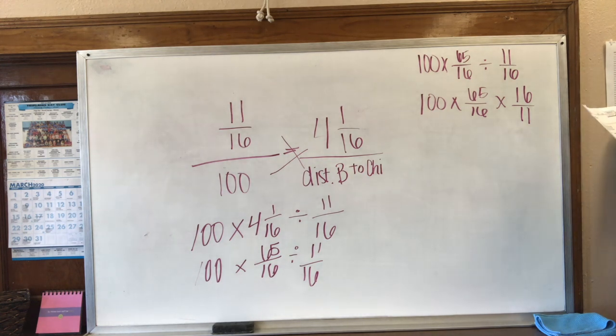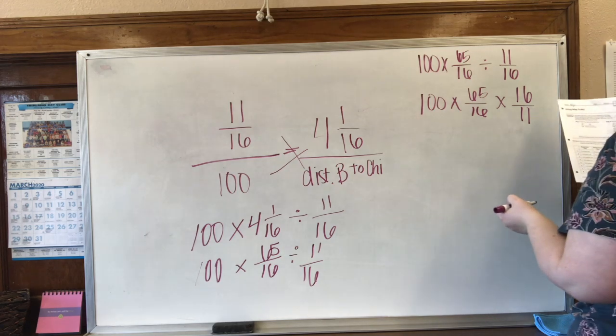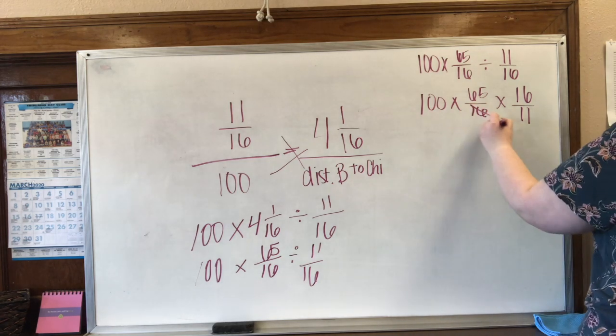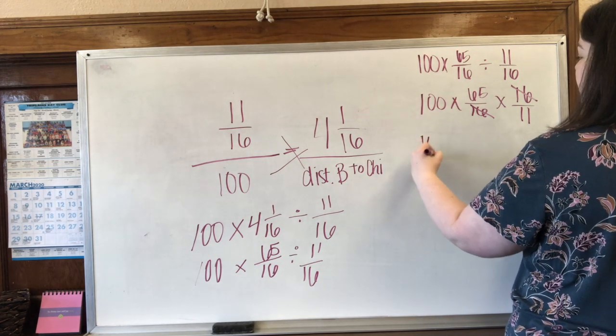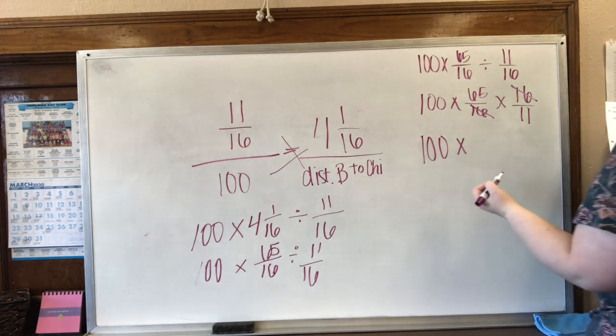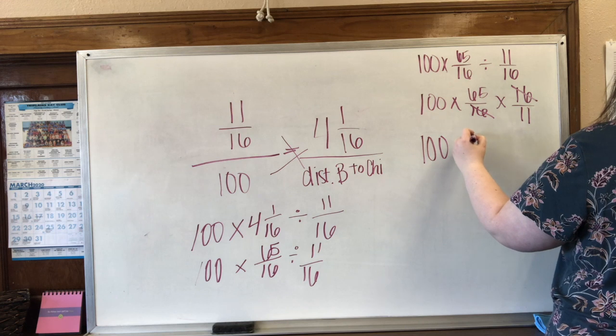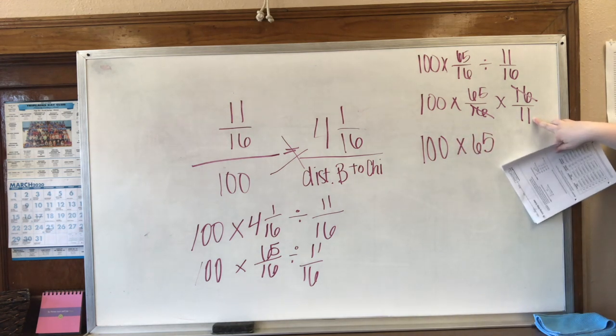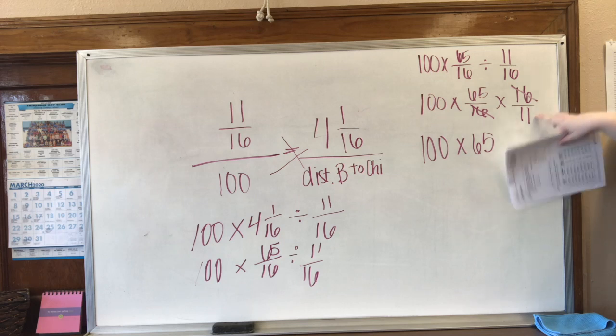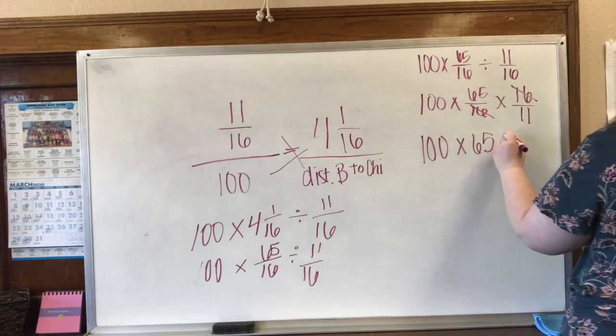Okay? Those two 16s cancel out for you. So your new one is 100 times 65. Since that's on the bottom, you'll move it back to the top and you'll divide it.